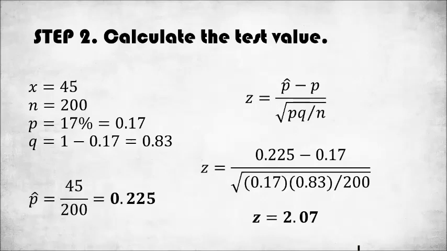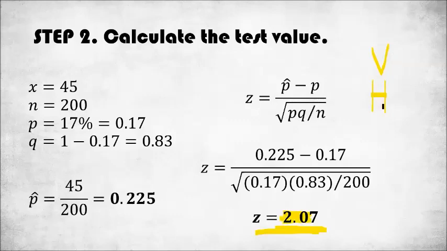Kanina, di ba, 3 decimal places? Kasi pinapattern po natin sa ating critical value. Pero dito, since z-table ang gagamitin natin, having vertical and horizontal values, kailangan natin mag-round off to 2 decimal places. Okay? Take note on that. Ang vertical natin ay yung first 2 digits. So, gamitin natin from 2.0.